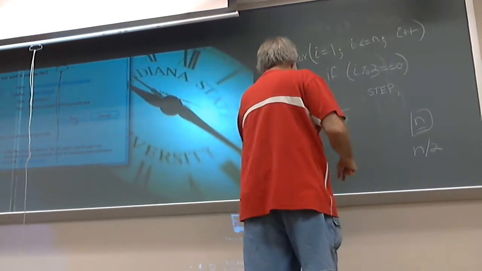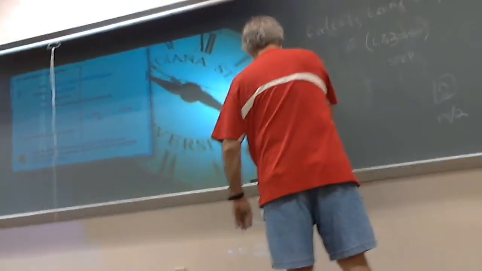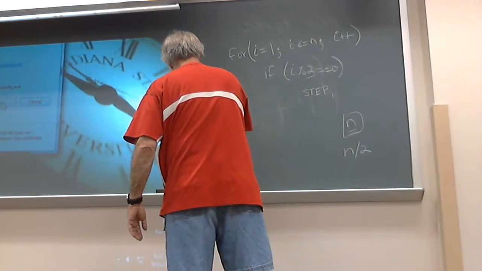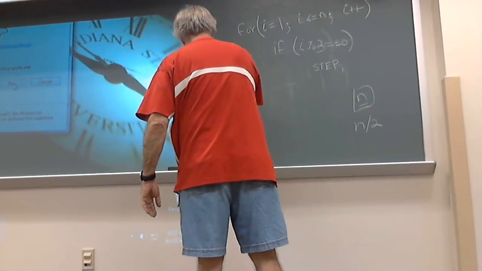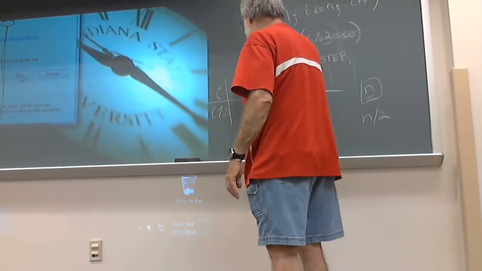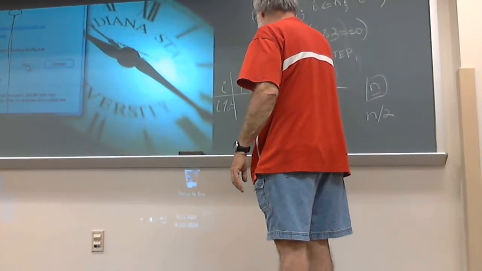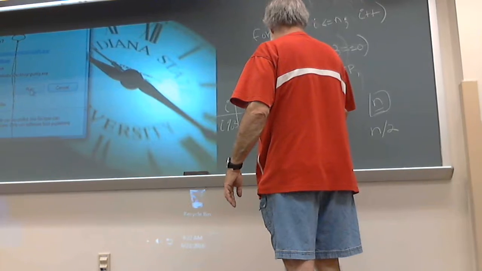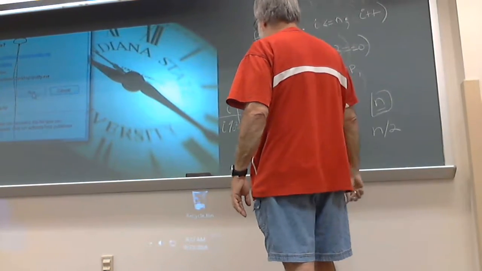I should draw a different picture. Here's i, and down here is i percent 3. So i is 1, 2, 3, 4, 5, 6.